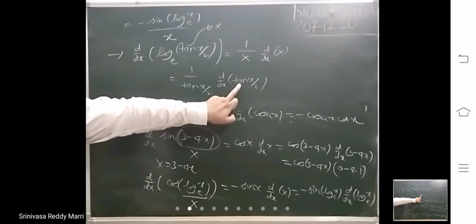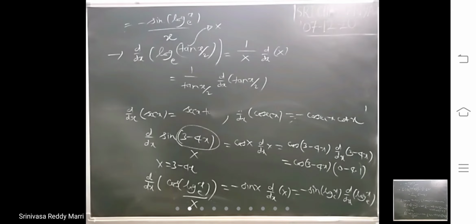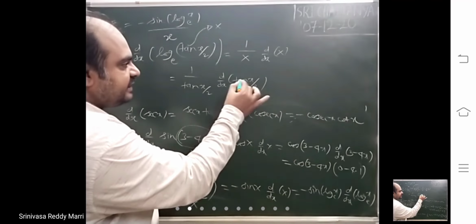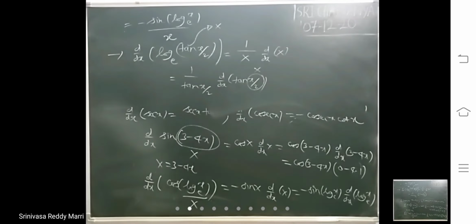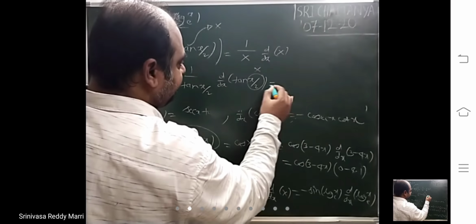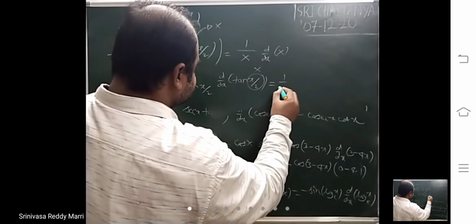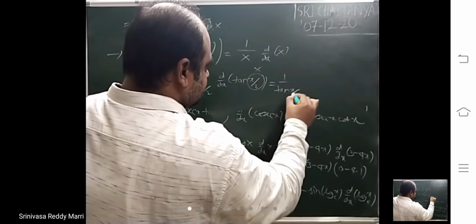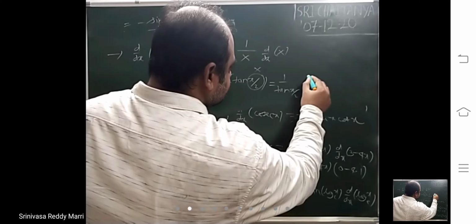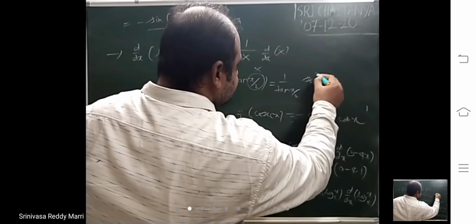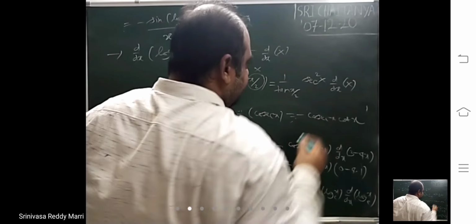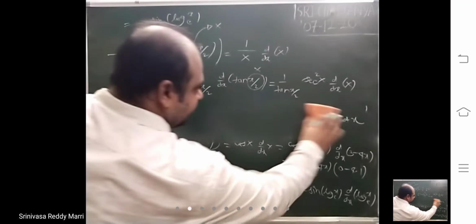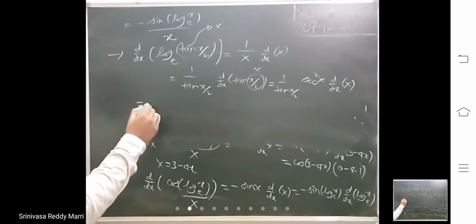Now again fresh: d by dx of tan x by 2. Now what is the rule? The first function, this tan function, you know. That is capital X. So the derivative of tan capital X is secant square capital X into again d by dx of capital X. In the second step, capital X is x by 2, so you substitute.